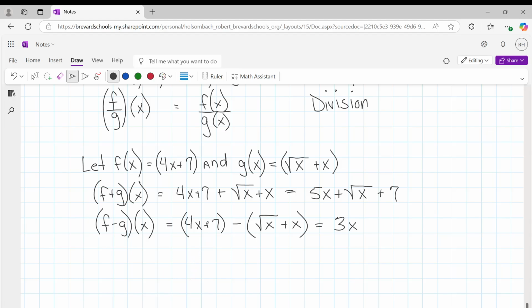Now, be careful here because there's no square root of x in the first term or in the first binomial. So really what there is, is a 0 times the square root of x. And 0 minus 1 square root of x is negative square root of x. And then we've got 7 minus, there's no constant in the second binomial, so 7 minus 0 is just equal to positive 7.